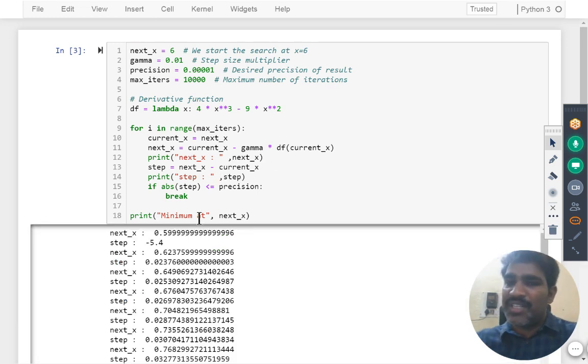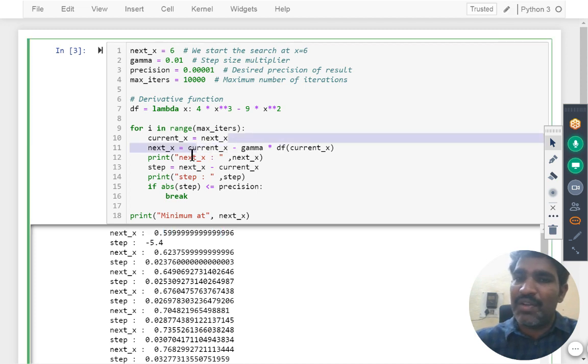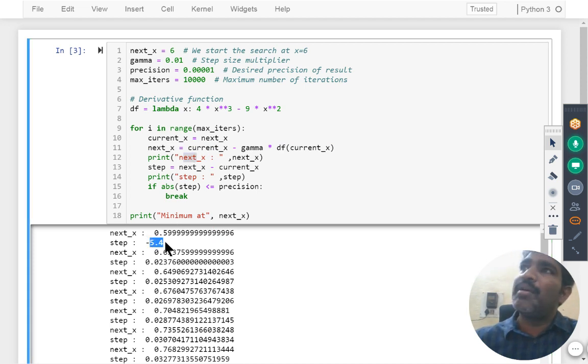Now you can see, the first time, next x is 0.5999. That is what our 6 is, taken as 0.599 something here. Now the next x, once after calculation of this one, what is the value we got? Next x value 0.59. Then the step value becomes what now?